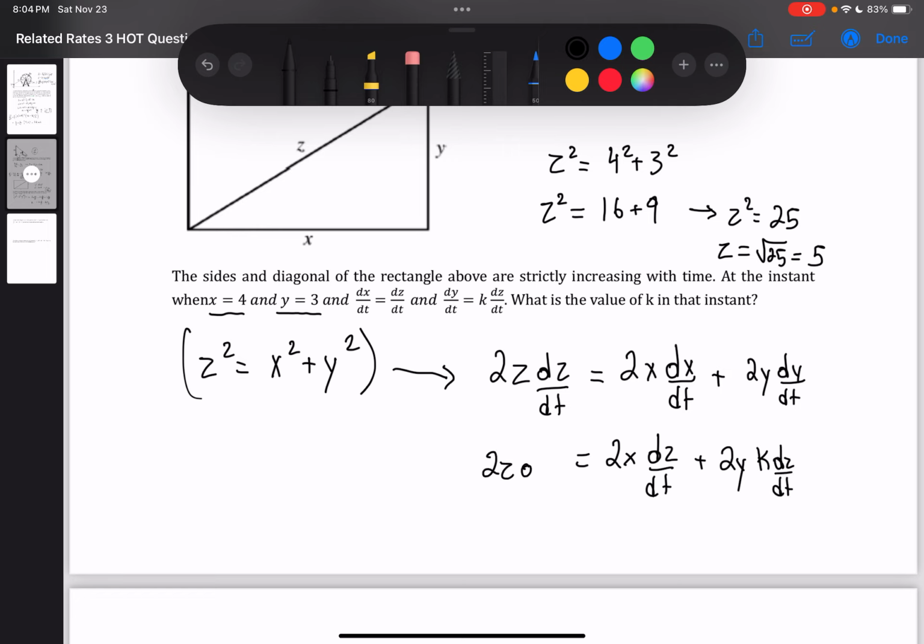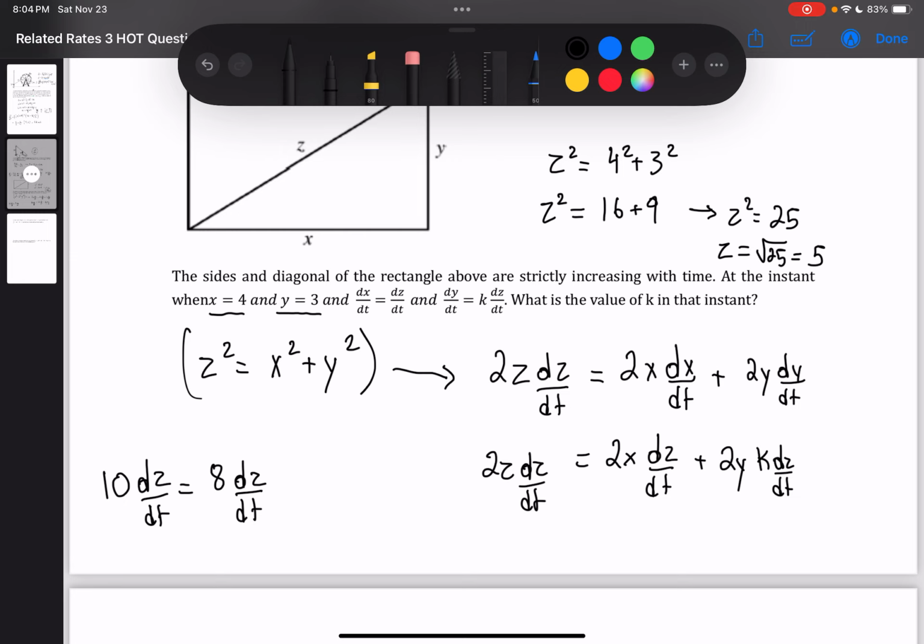Now I have my z over here. Okay. Now z is basically equal to 5, x is basically equal to 4, y is basically equal to 3. So let's get started with it. 2 times 5 is going to be 10 dz over dt equals x, which is basically 4. So 4 times 2 is going to be 8 dz over dt.